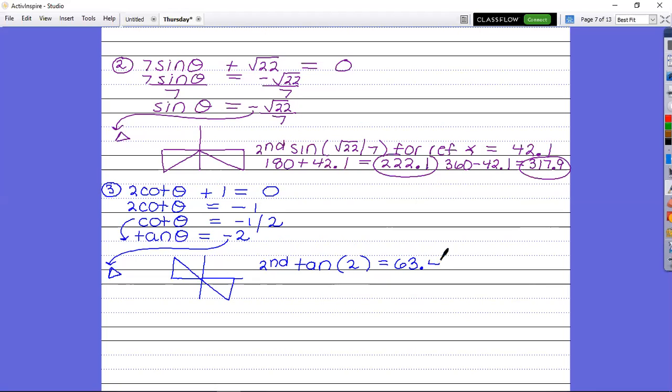And again, that is what we call a reference angle. Okay, so this is for my reference angle. And then I'm going to use the little rule to find the 2 answers. So it's just like the last one. I am going to go 180 minus 63.4, and that is equivalent to 116.6.